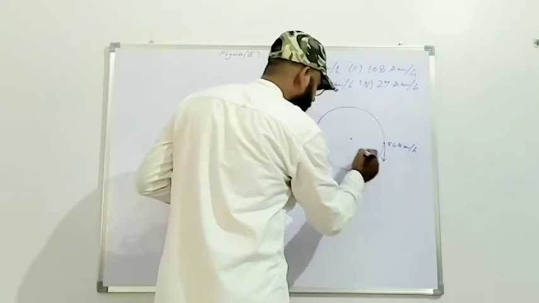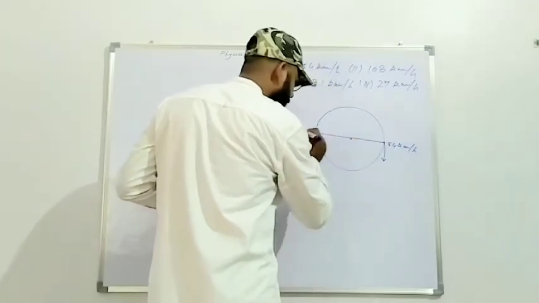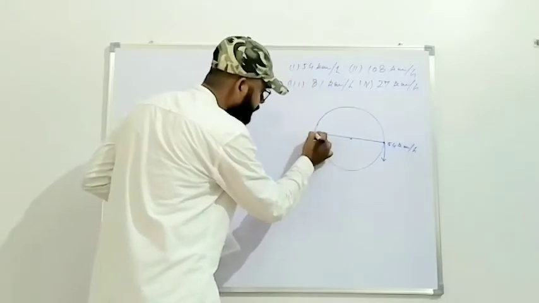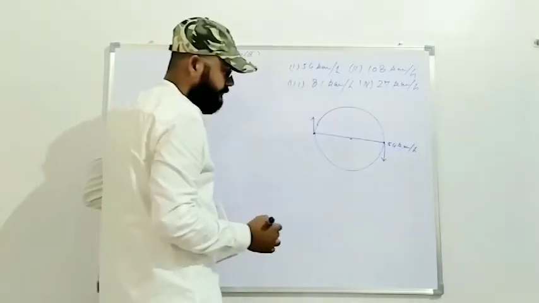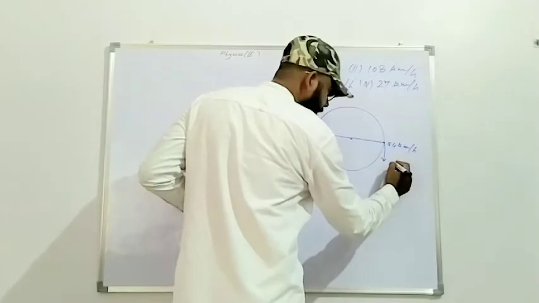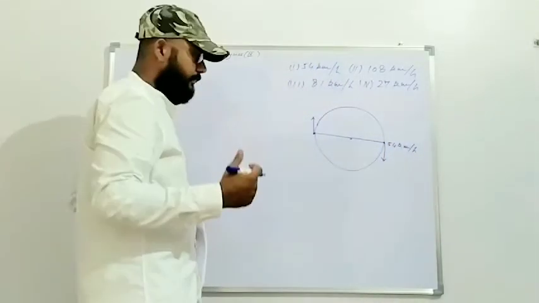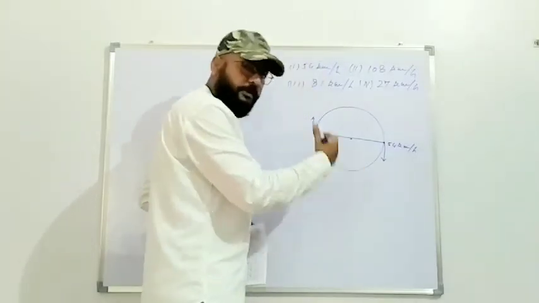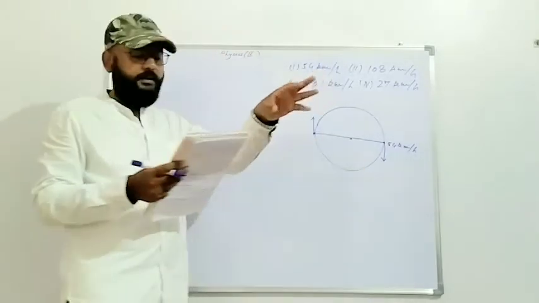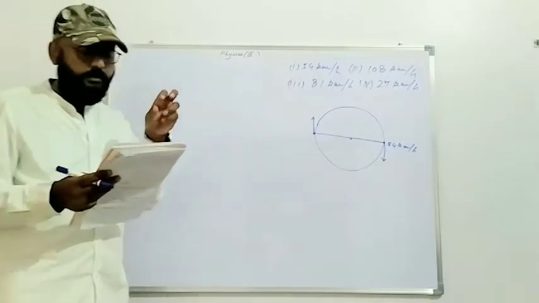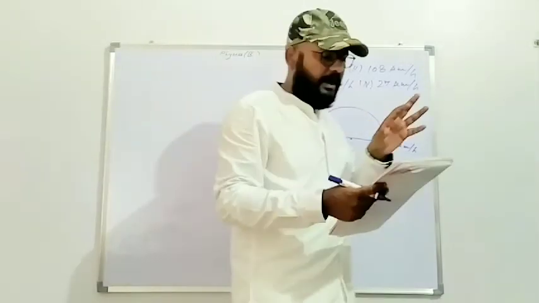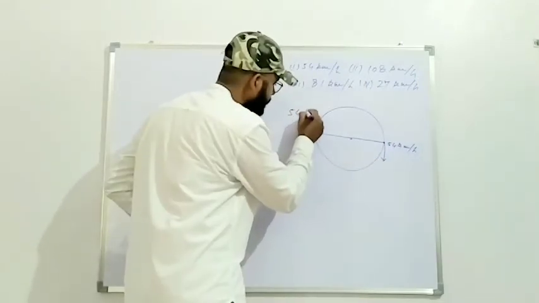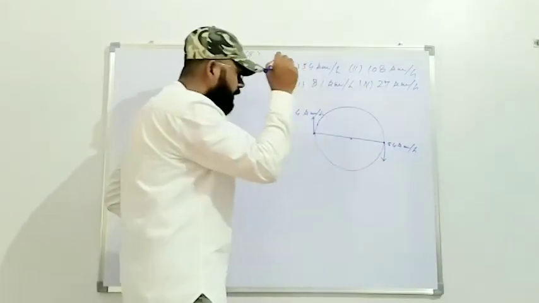This car starts from here, and this is the diameter of the circular path, and the car comes here like this. Here its velocity is 54 kilometer per hour, and here its velocity is also 54 kilometer per hour, because it is already told that the car is moving along a circular path with a uniform speed.